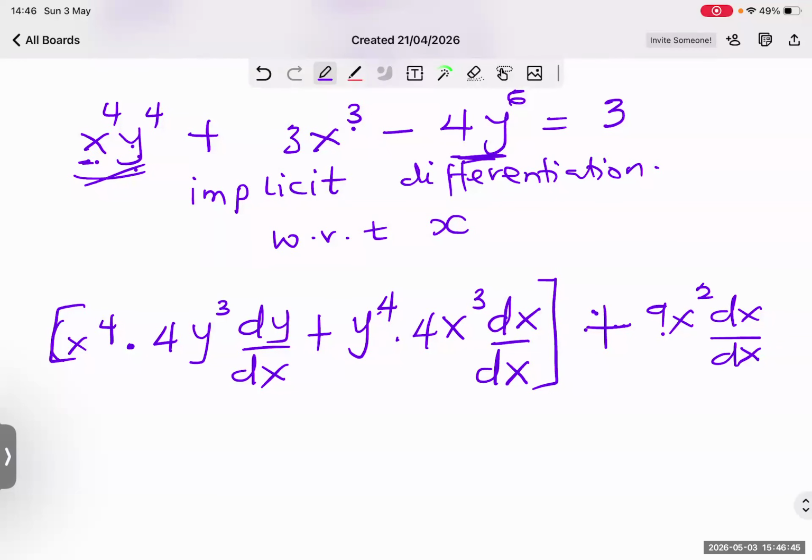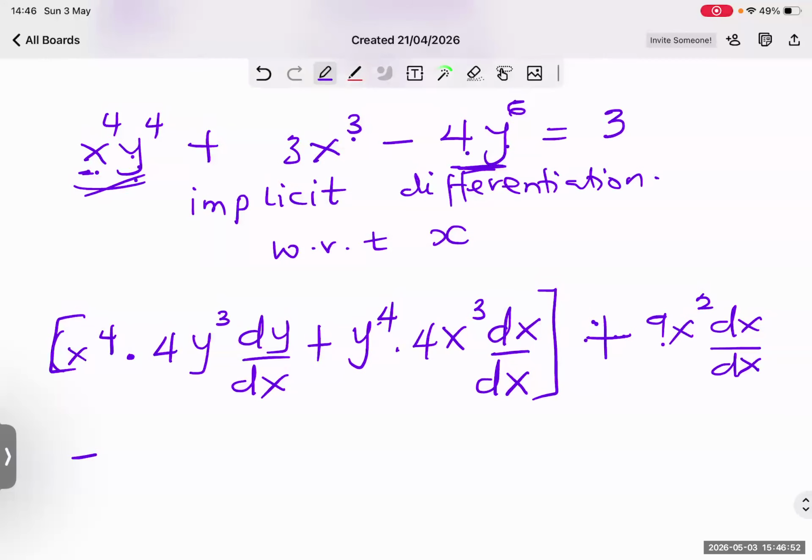Then we go to the third function and differentiate that. So we have minus. If we differentiate 4y raised to the power 6, it's in the power form. So you multiply the 6 by the 4, that will be 24y. Subtract 1 from the 6, that will give me 5. Attach a dy/dx. The dy means I have differentiated variable y.